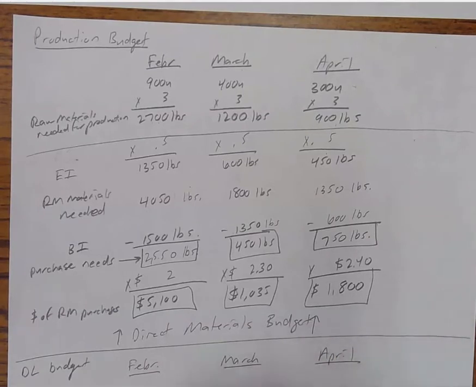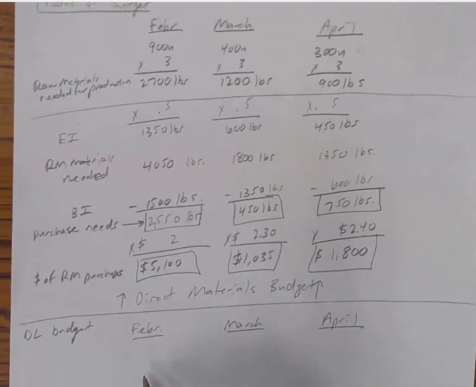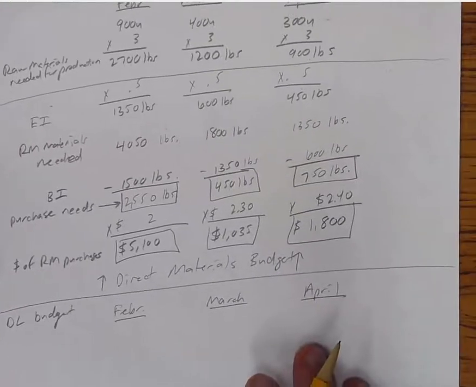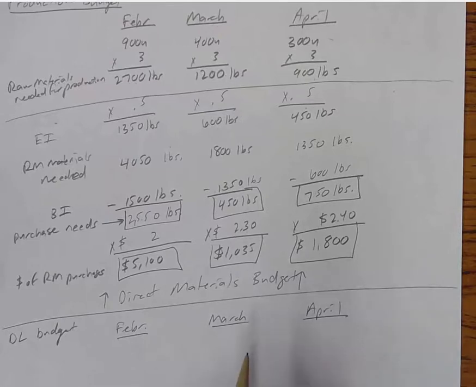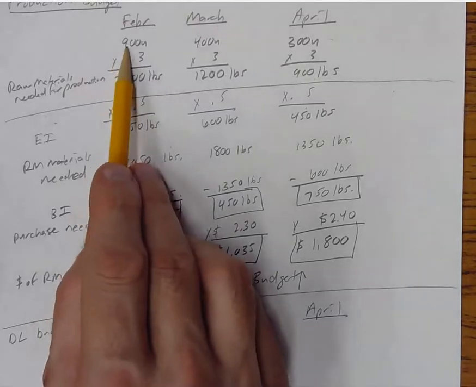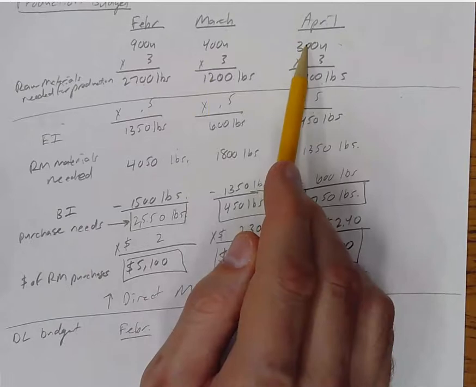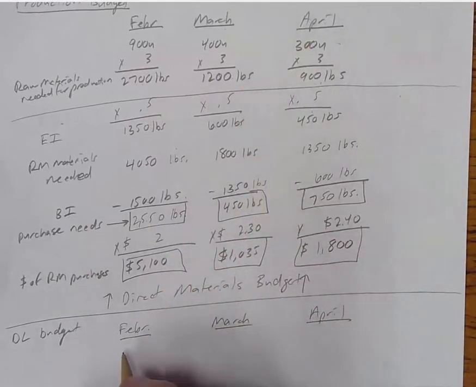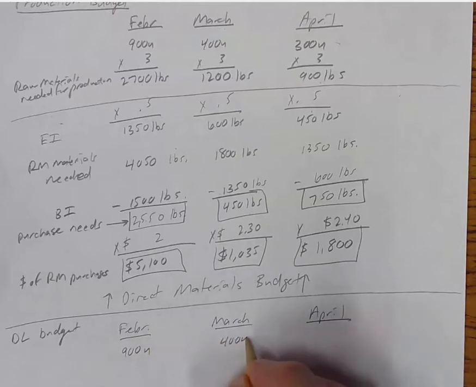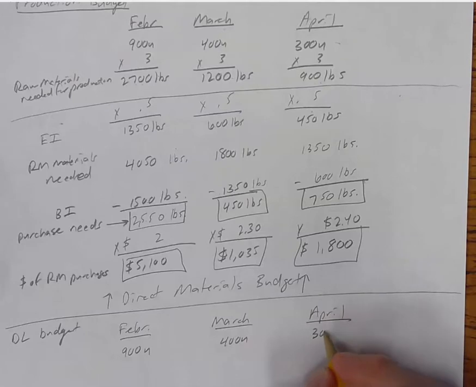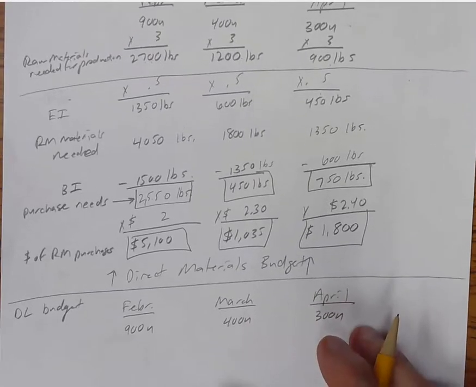Okay, what we're going to be using to start off with here, make sure that we can see all of this, hopefully, we're actually going to need these production units. So I'm just going to write this down here again. See, it was 400 for March and 300 units for the month of April.